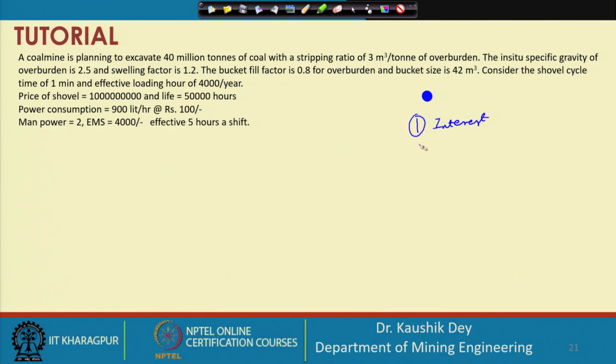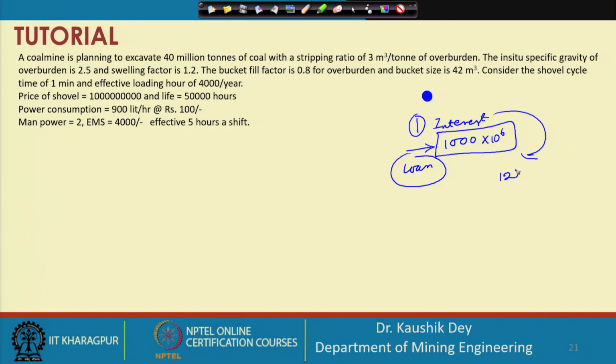The reason is that, say if the shovel price is 10 to the power 6, the investors must have to take the loan from this, and that is why interest has to be paid, and in most of the cases this interest rates are close to 12% or so.